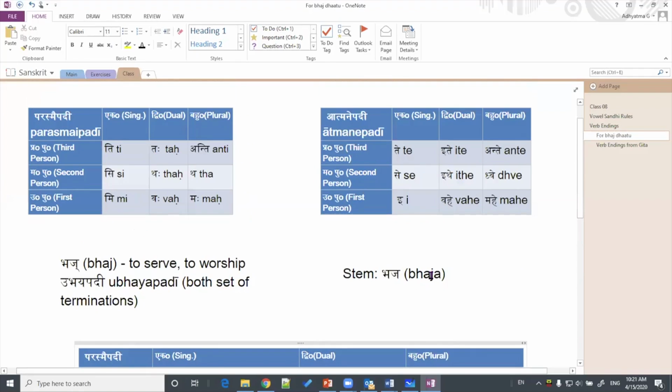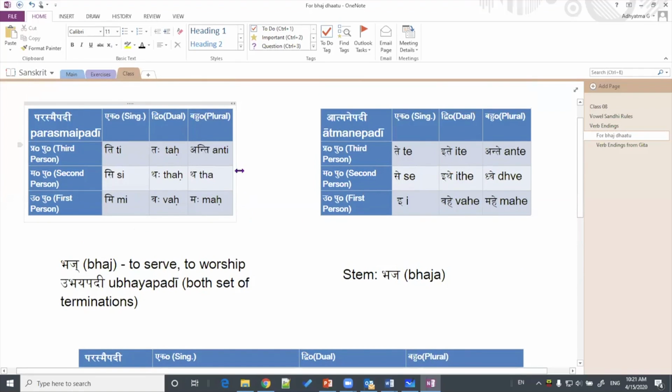So do these endings which we studied, ti, taha, anti, te, ante, only apply when the stem is akaranta? These endings, parasmaipadi and atmanepadi, apply for all the stems, whether akaranta or not, but sometimes there are exceptions, so you will see some change in forms.